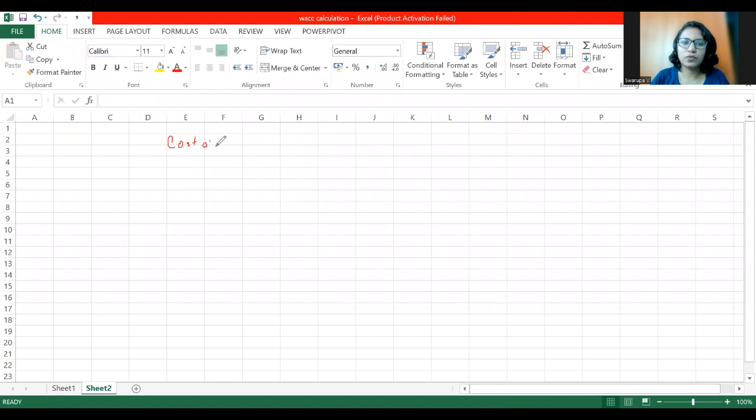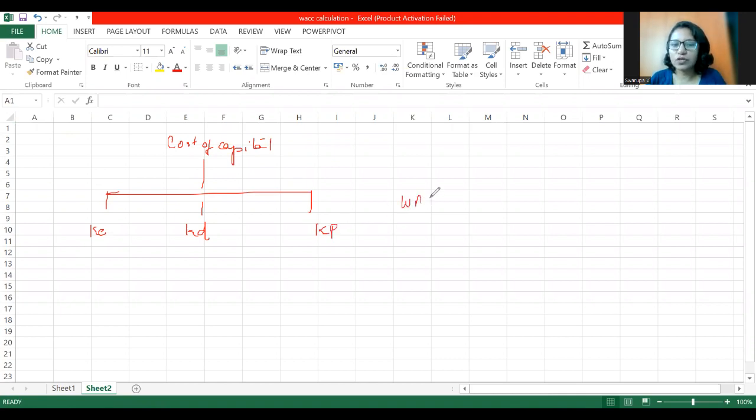So, cost of capital: there are cost of equity, cost of debt, and cost of preference shares. And what is the total cost of capital? It can be calculated using WACC.